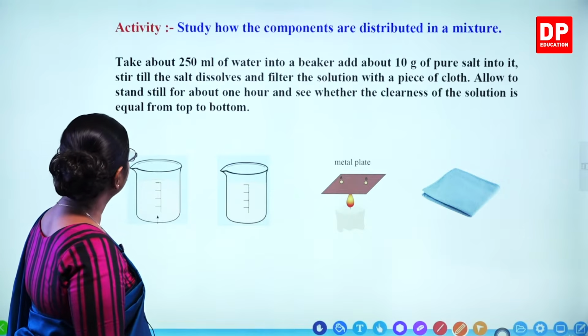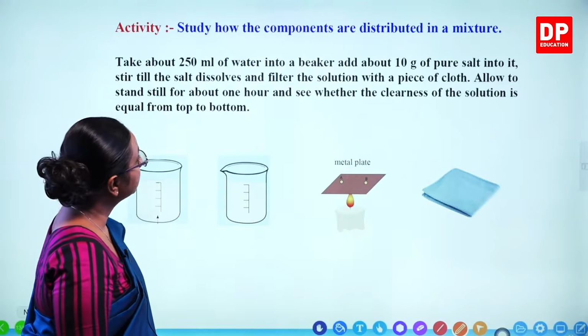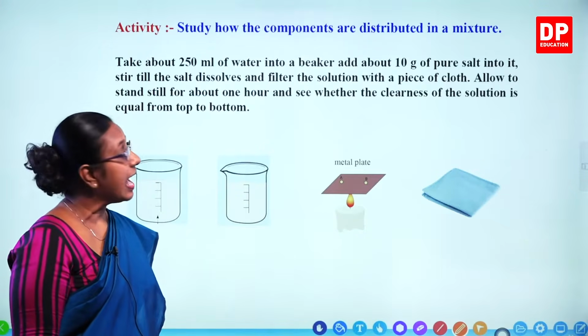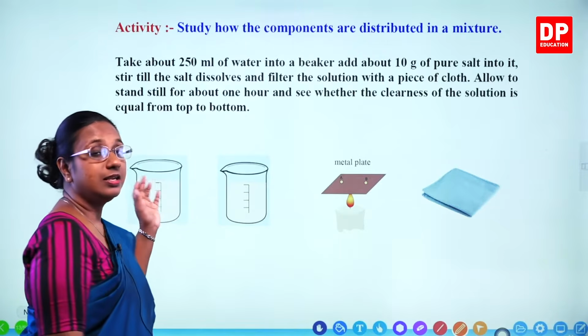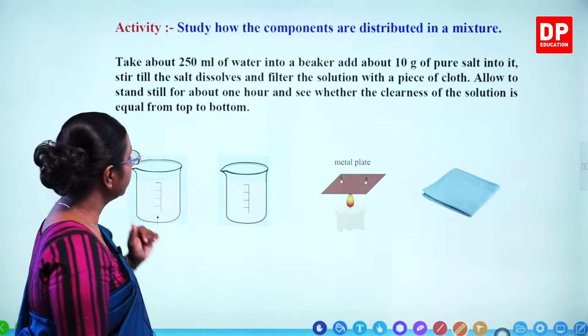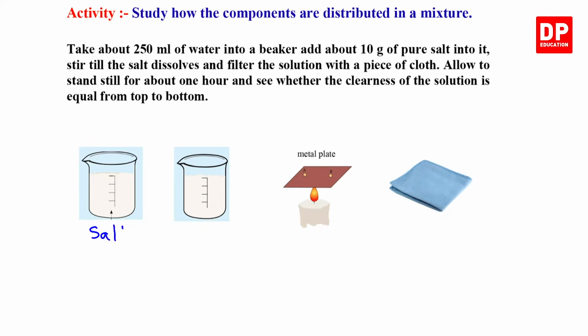Again, a similar one. Take about 250 milliliters of water into a beaker and add about 10 grams of pure salt into it. Earlier we used soil, here we use salt. So here salt dissolved in water.